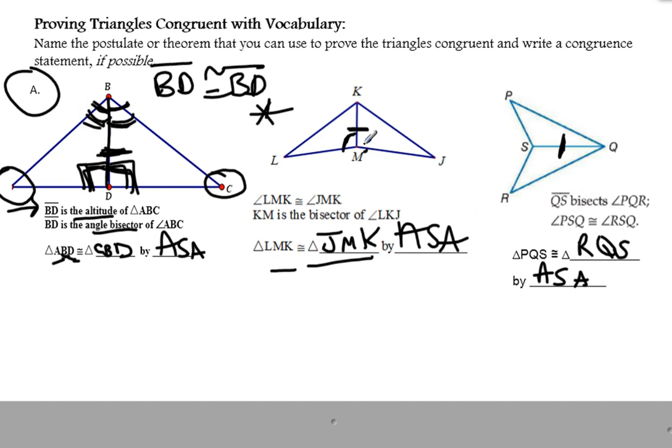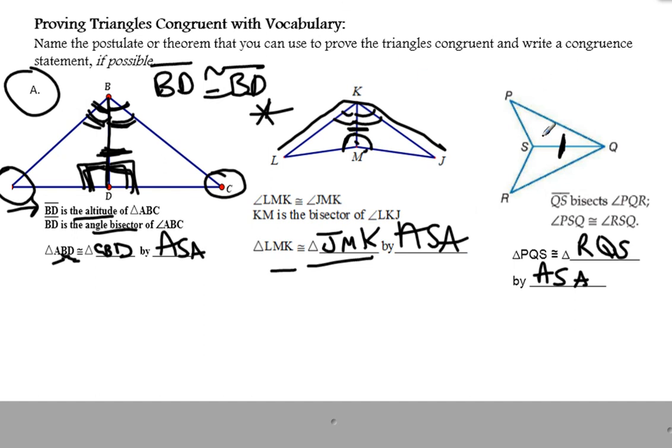J to M to K is here, so I'll make my arc here. Then it says that this segment KM bisects LKJ. So here's LKJ, and this LKJ has been bisected. So we have angle, included side, angle in both triangles.